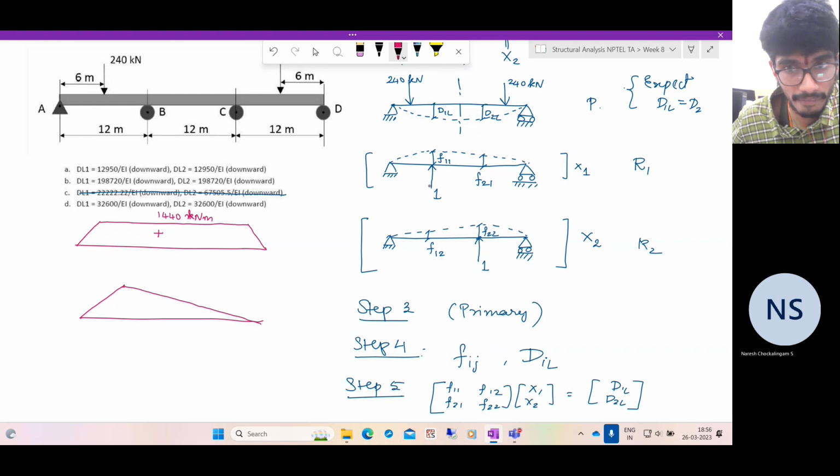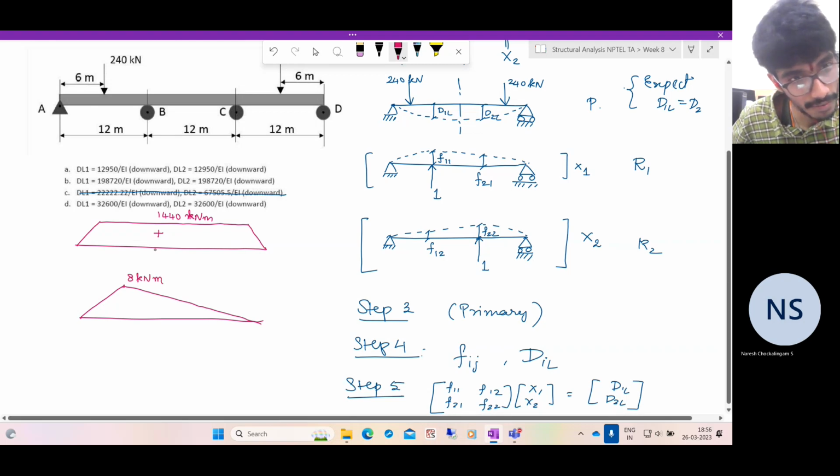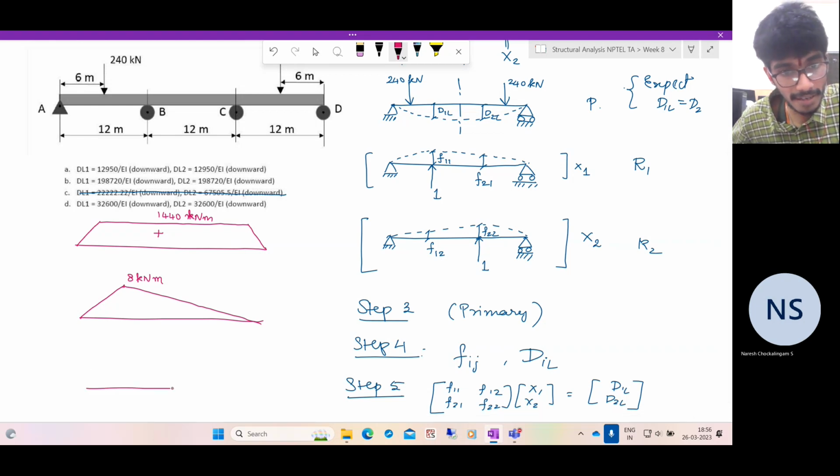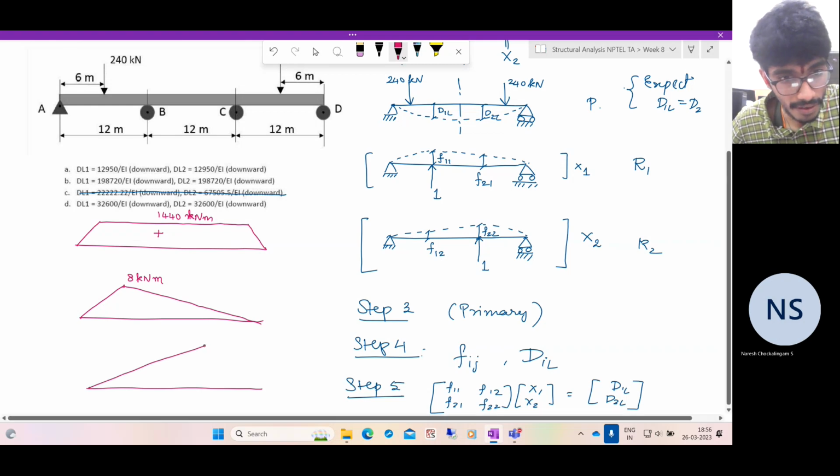Let me check. The reaction will be 2 by 3, and it acts at 12. So it is 2 by 3 times 12, which is nothing but 8 kilonewton meter. So here what we have is 8 kilonewton meter. And you have the other redundant structure, just like this.